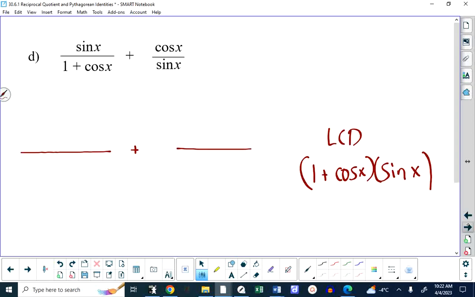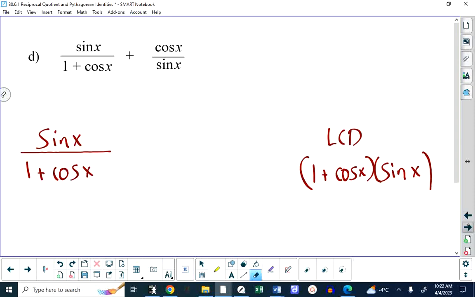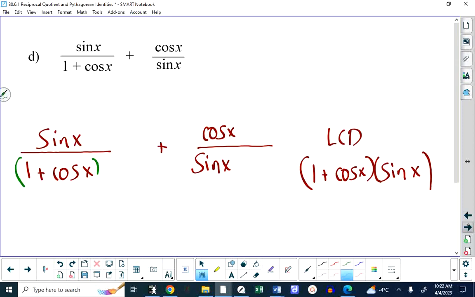There's no other way to do it. And maybe the better way to think of it is, I want to rewrite this, and I recommend that you rewrite it to give yourself a little bit of room. If you want these to be over the same denominator, the only way that can happen is if you multiply the top and the bottom of this by sine x, and the top and the bottom of this by 1 plus cos x.